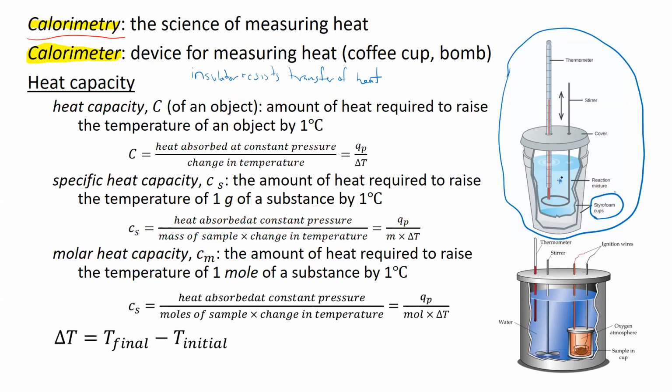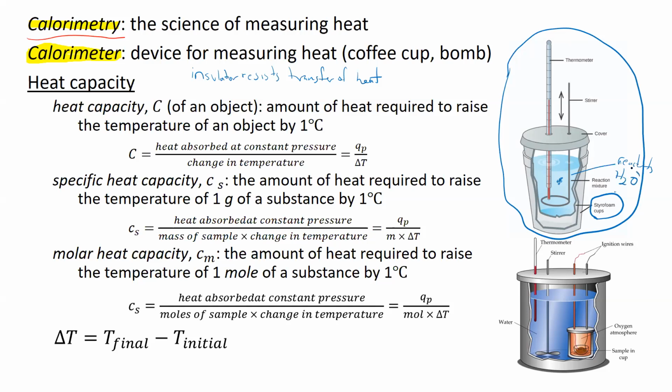Inside the container, you'd have some sort of a reaction or a process that occurs. You could say a chemical reaction, an acid-base reaction between an acid and a base. And while that acid-base reaction occurs, you're measuring the temperature of the water. So you have the reaction mixture that has, say, reactants and water.